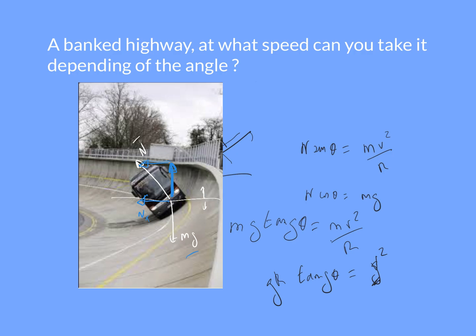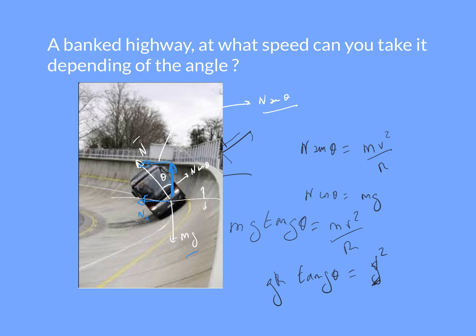So let's analyze this mathematically. This is the angle theta. N cosine of theta is this part, and this part is N sine of theta.